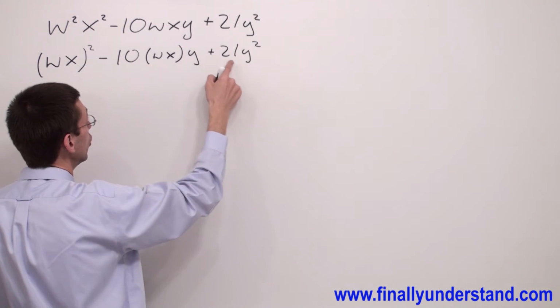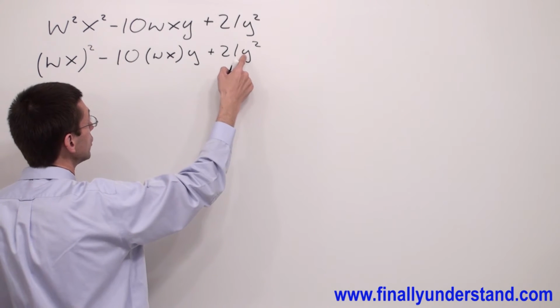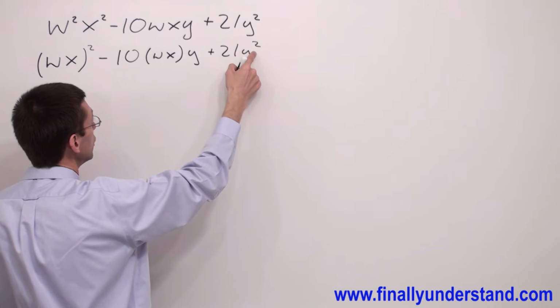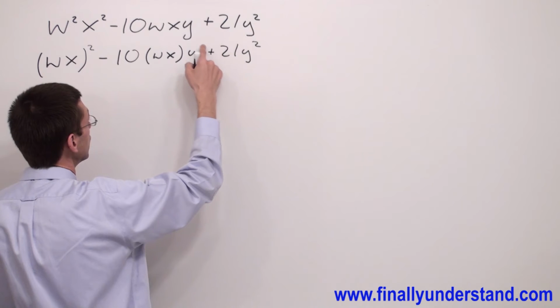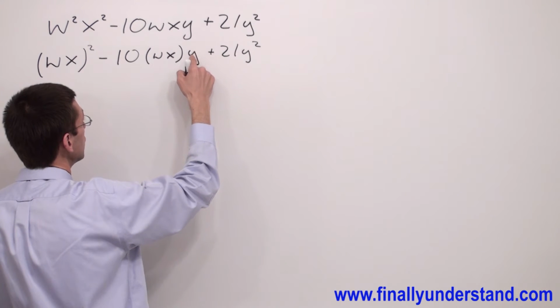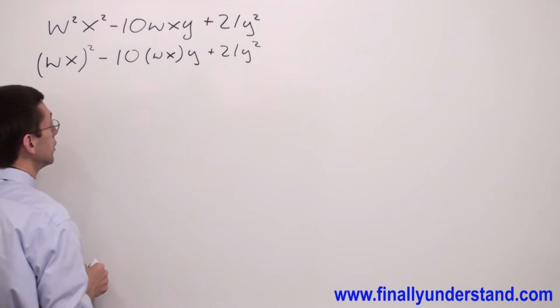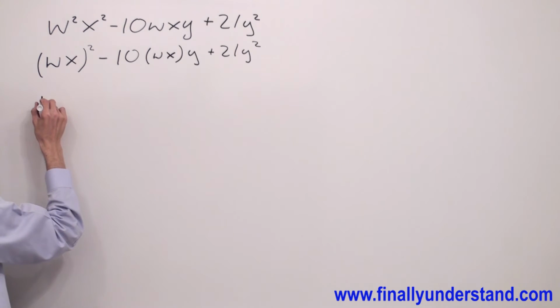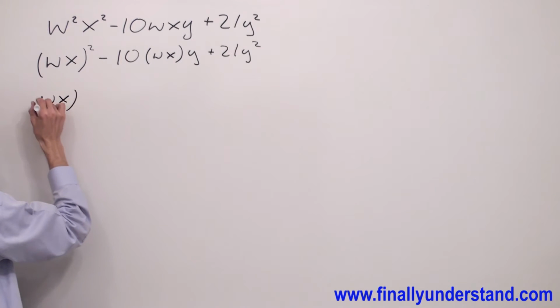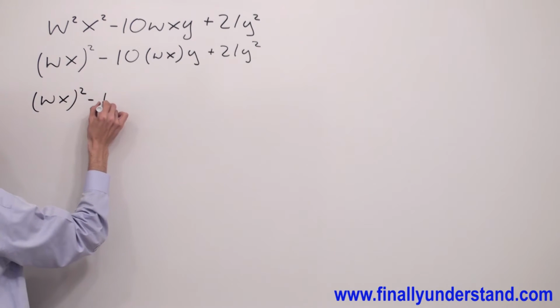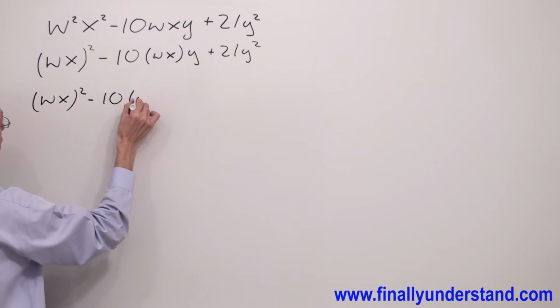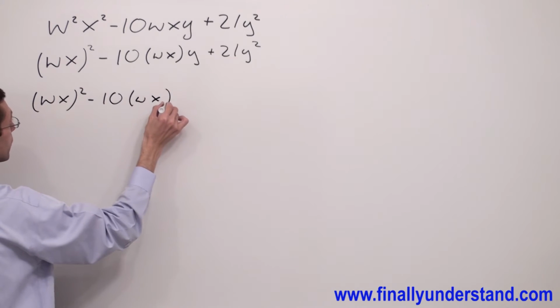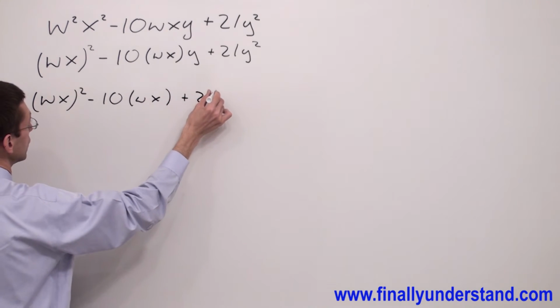I can forget only if the third term has the variable raised to the power which is twice the power of the same variable in the second term. I'm going to write wx squared minus 10 wx plus 21.